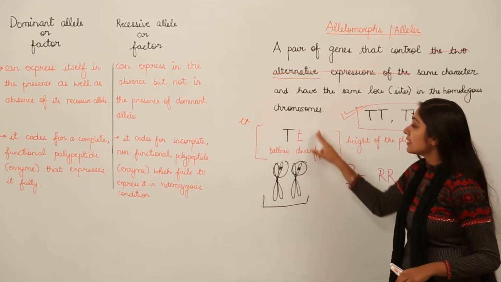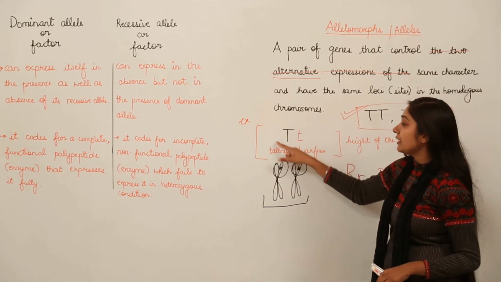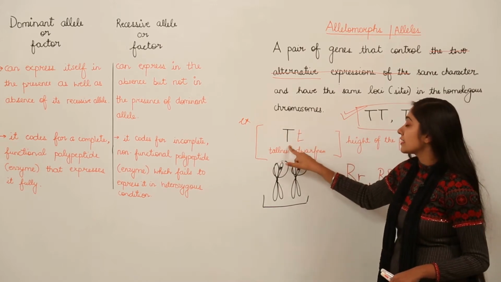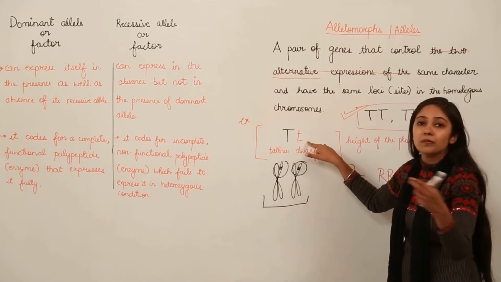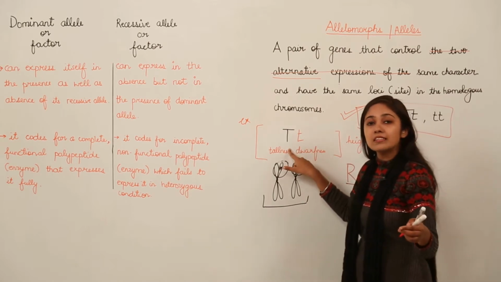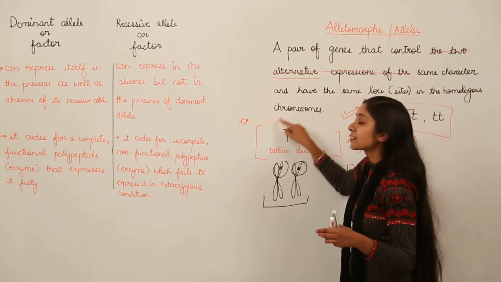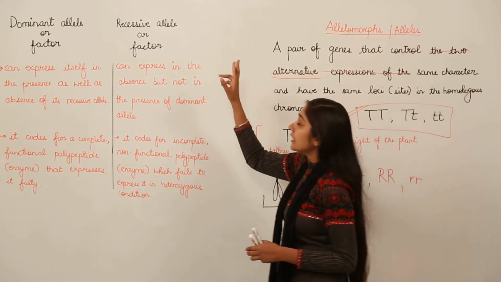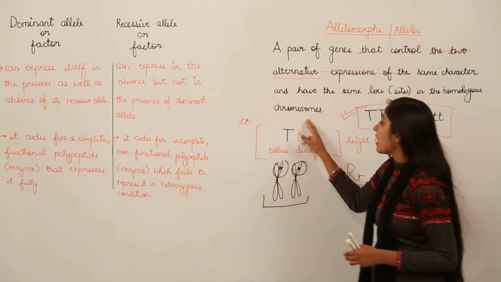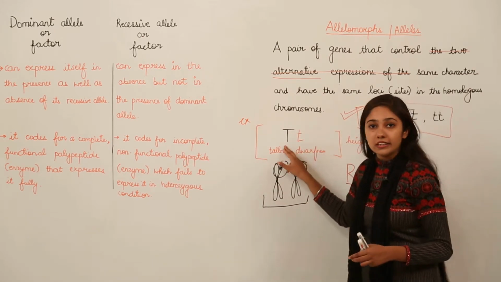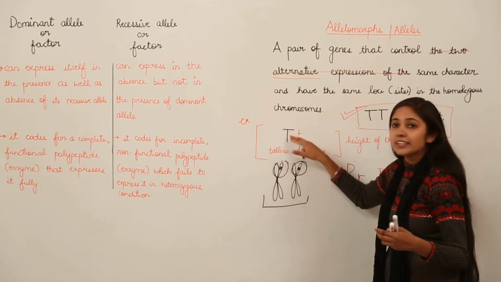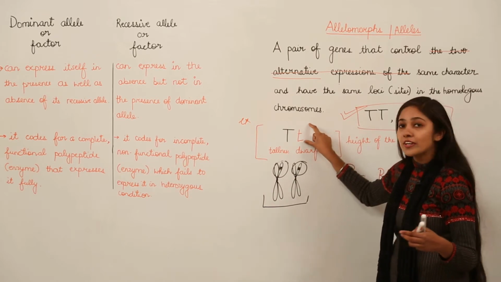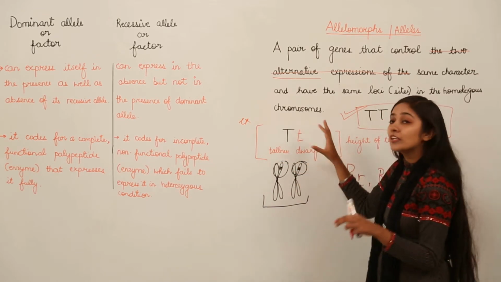So remember, the dominant allele is that allele which expresses itself whether the other is present or not. If the dominant is present, this is going to be expressed and this is not. Next, in case of a recessive allele, if we have a recessive allele with a dominant allele, it is not going to be expressed, meaning the plant is still going to be tall.